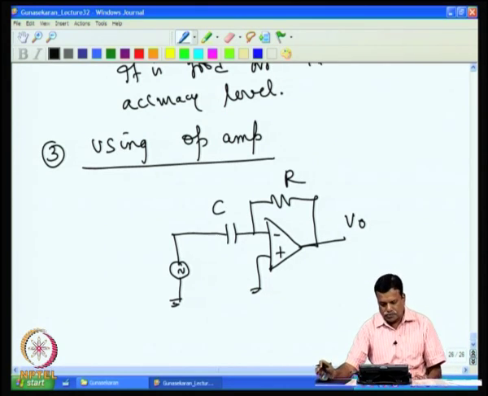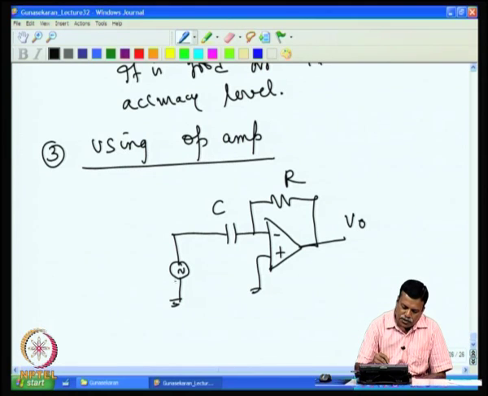In this case, the AC source drives this capacitor, and the current flows through it and then through this R and returns back to the ground. That develops a voltage V naught. So, the current I into R gives you the output voltage.